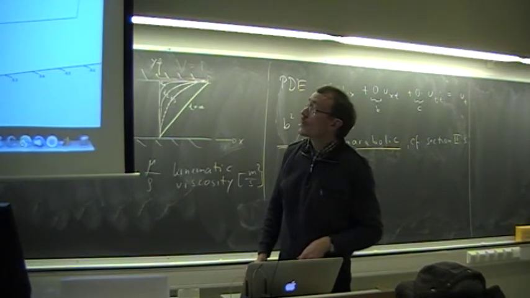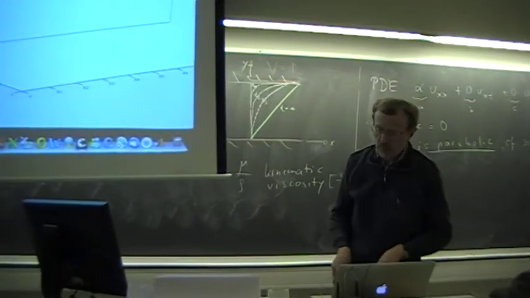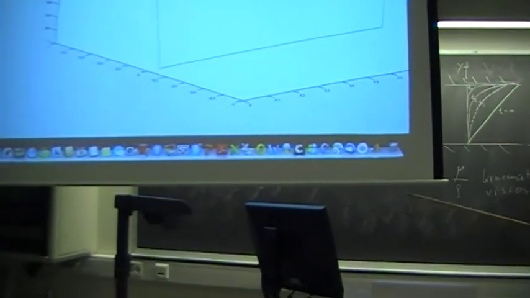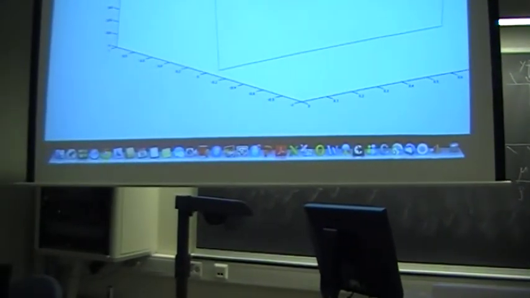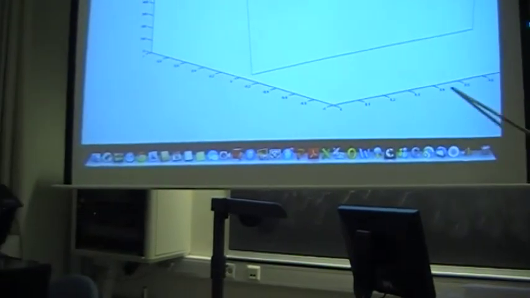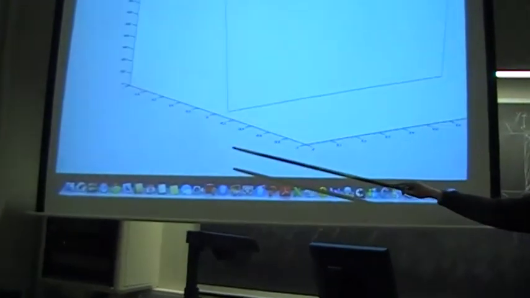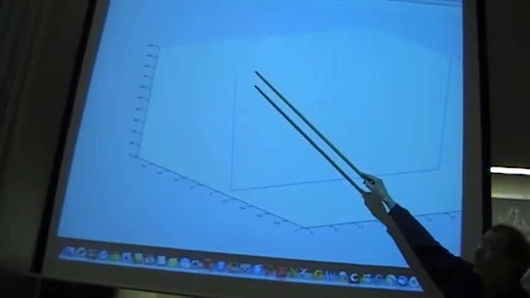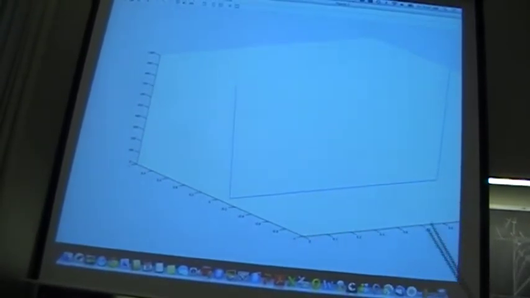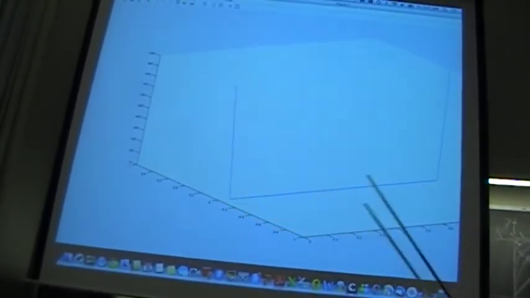First I have to tell you what the axes are. Here we have the x-axis, here we'll have the time axis, and here we have our temperature. So it is 0 all the way through, except at the boundaries we have 1000 degrees.